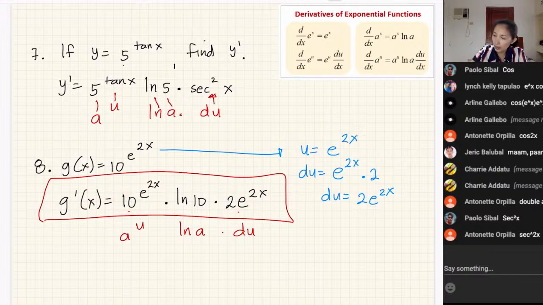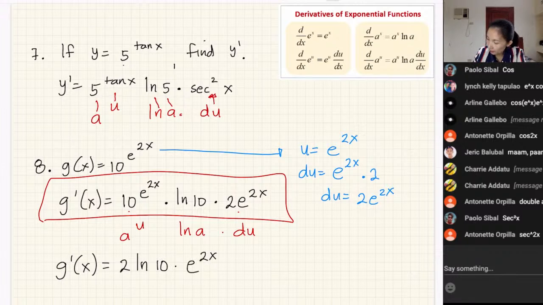Or you can simply rewrite this into g prime of x is equal to, okay, this we could put together, 2 times the natural logarithm of 10 times e raised to 2x times 10 raised to e raised to 2x.